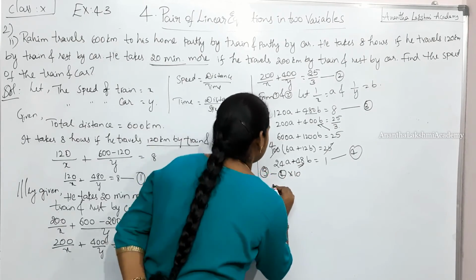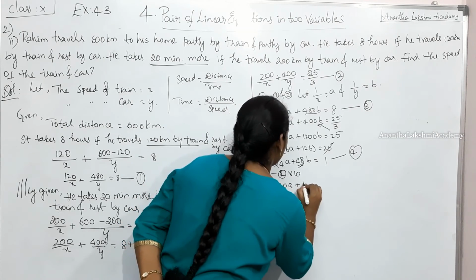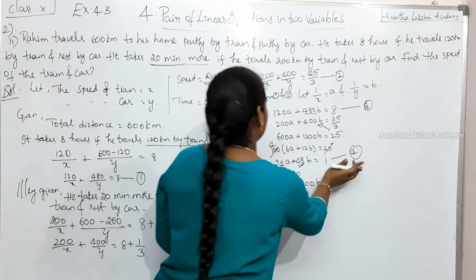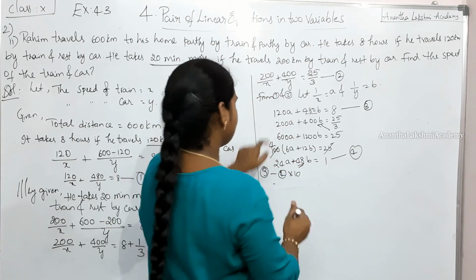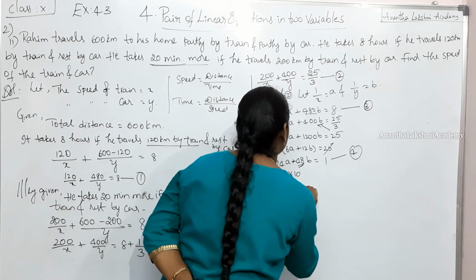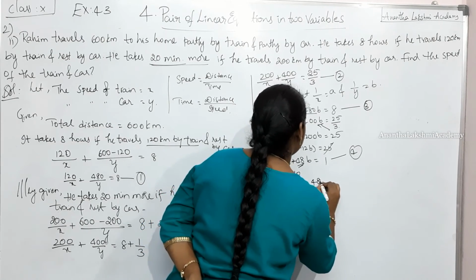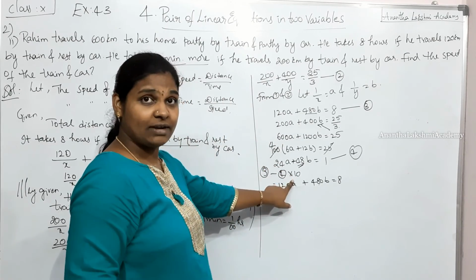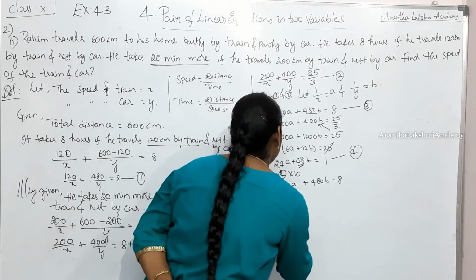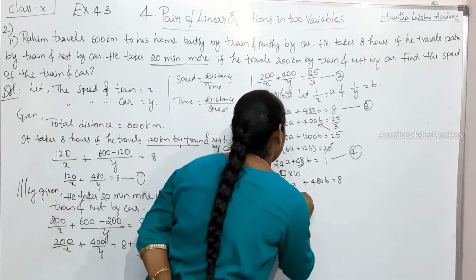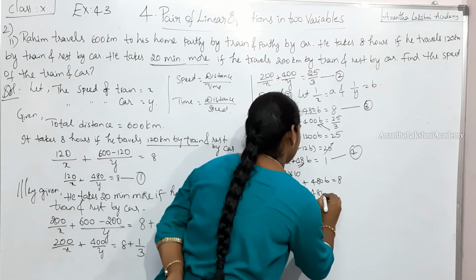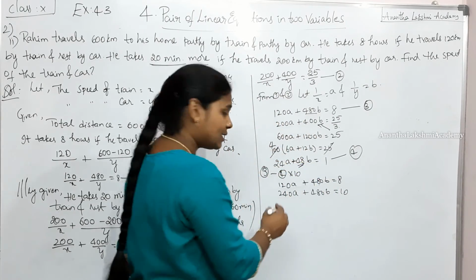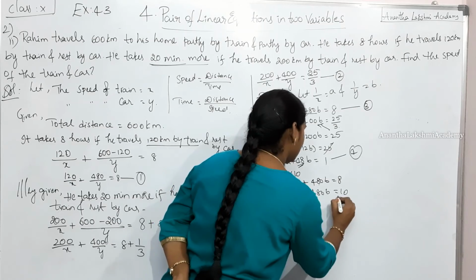So the third equation is this, 120a plus 480b is equal to 8, and equation 4 multiplied with 10 is 240a plus 480b is equal to 10. Now since we are doing the subtraction, the signs get changed.